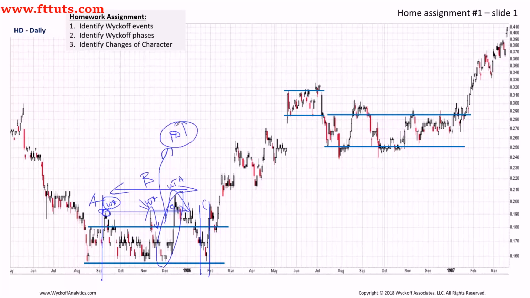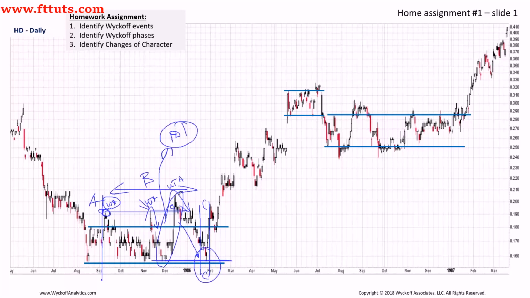Why is it not identified as phase D? Well, look at the next reaction that comes after that. It actually negates almost all of the gains that we've seen on this rally. And we've just identified the phase C low as the low of this reaction. So therefore, whatever we're observing, all of these moves to the upside are most likely a part of phase B.